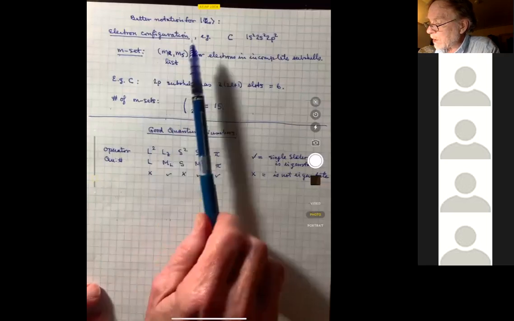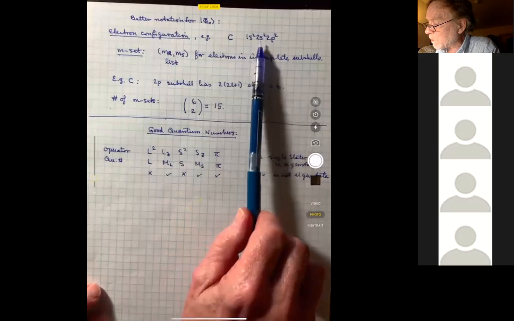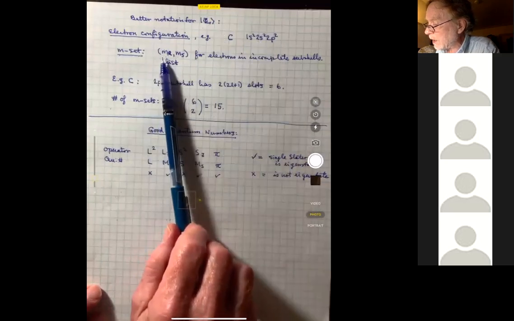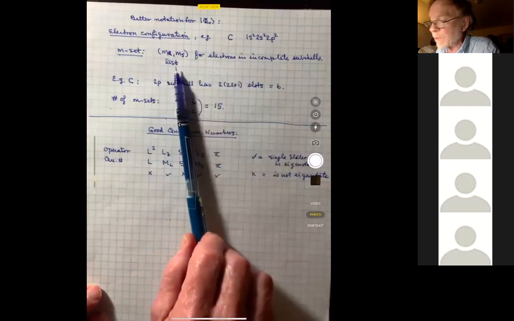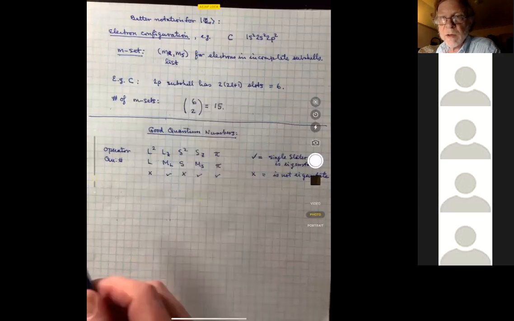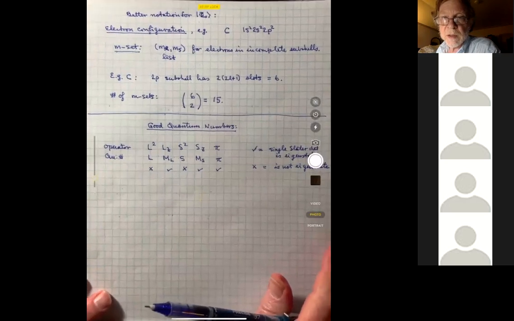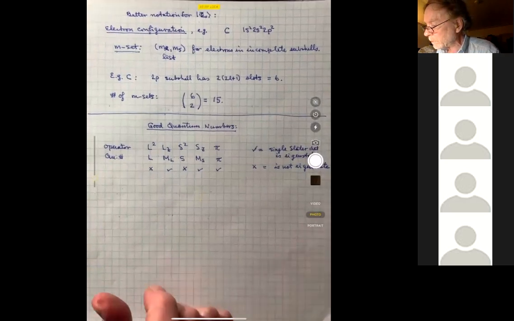So the complete set of orbitals that go into a Slater determinant is specified first by the configuration and secondly by the M set, where the M set is the ML and MS quantum numbers for electrons in incomplete subshells. All you need to do is just list the quantum numbers. You don't need to specify an ordering of them, because changing the order at most changes the sign of the Slater determinant and doesn't give you a physically distinct state. It's only the occupied orbitals that matter.